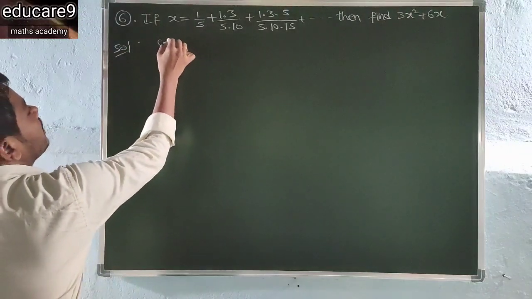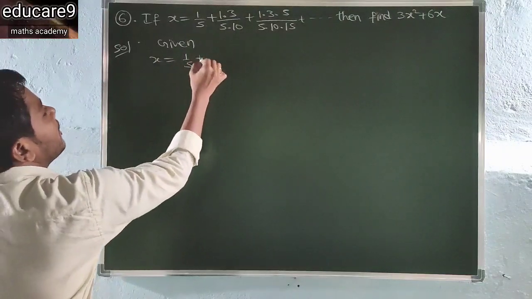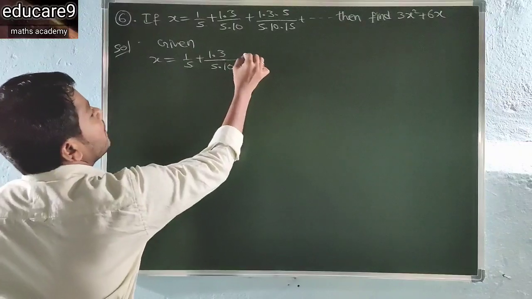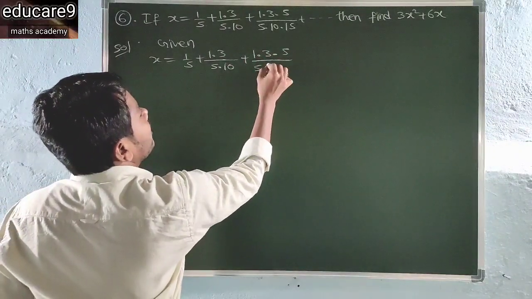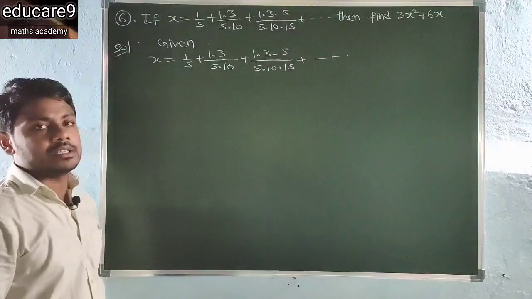So here given series, so what is that? x is equal to 1/5 + (1 into 3)/(5 into 10) + (1 into 3 into 5)/(5 into 10 into 15) and so on. So this is the given series.